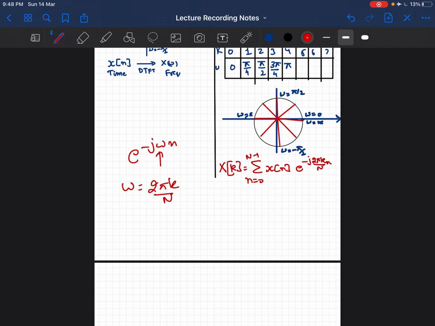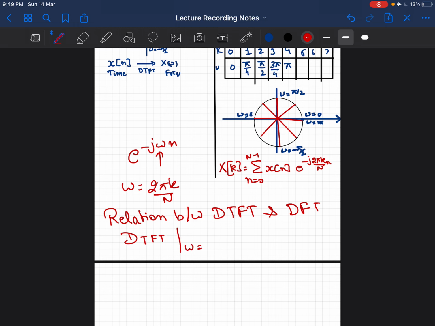So you need to remember this. The relation between DTFT and DFT is, in DTFT, if I replace omega by 2 pi k by capital N, then it forms my discrete Fourier transform.